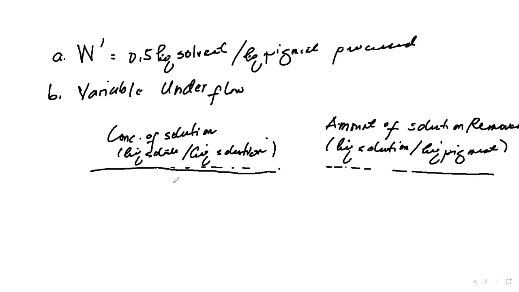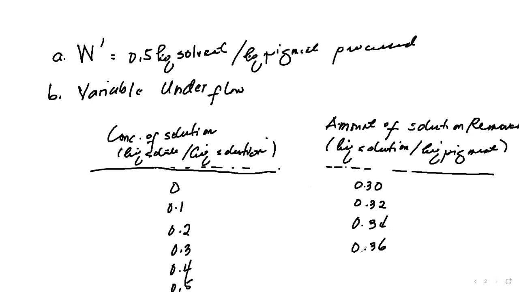So you have here a 0, you have a 0.1, a 0.2, a 0.3, a 0.4, and a 0.5. So in here you have a 0.3, and this is incremented by 0.02. So 0.34, 0.36, 0.38, and you have here 0.40.